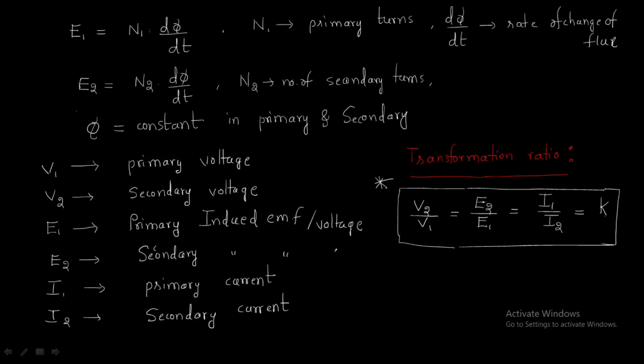V2 by V1 equal to E2 by E1 equal to I1 by I2. V and E are nothing but the voltages. That's why V2 by V1 and E2 by E1 are both the same. I1 by I2 is different. That's why it is the transformation ratio.